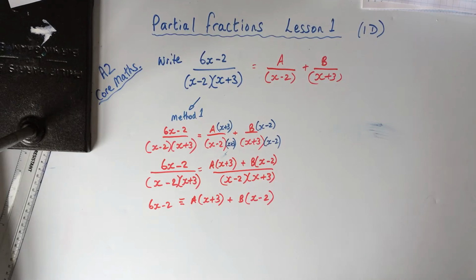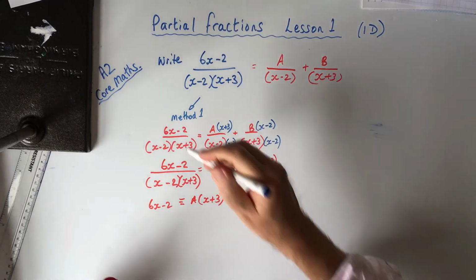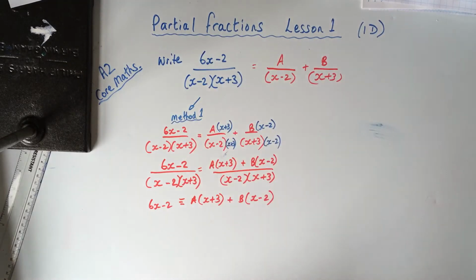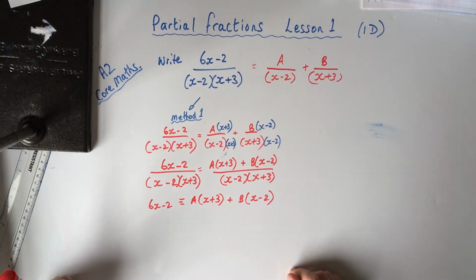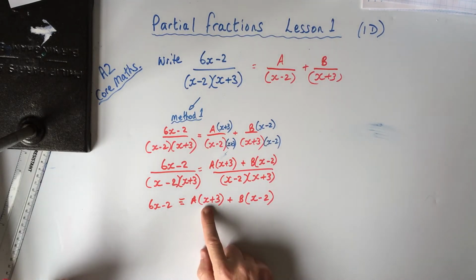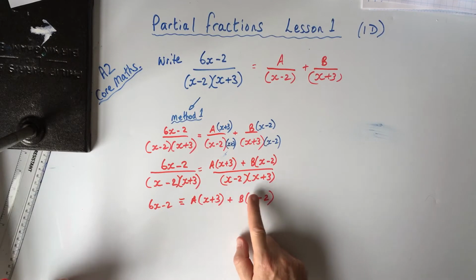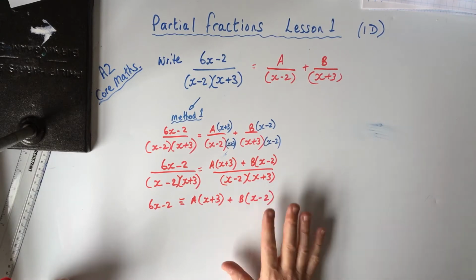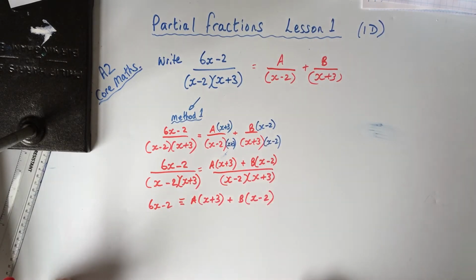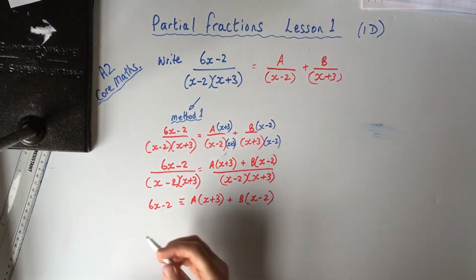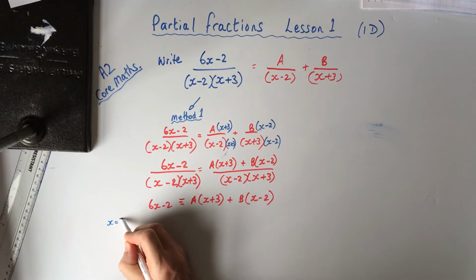And there's two ways of doing it. And method 1, which is, I think, the best way, is by substitution. By substitution, you just substitute in a value of x to make the bracket 0, and it just cancels out one of your numerators. So for instance, nice and easy, let's just say that x is equal to 2.